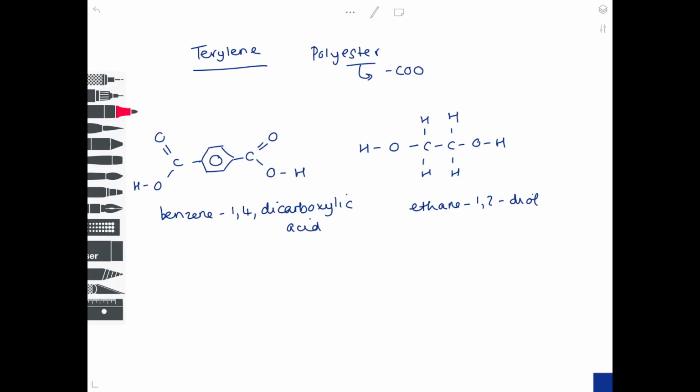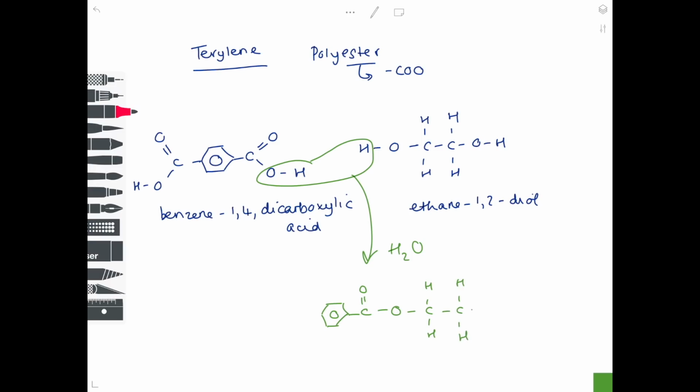Now we're losing water because it's a condensation reaction. So where could we possibly lose water from? Well, it's here. And then you just need to stick the two ends of the monomers together effectively. So it looks like this. Now I'm sticking it onto the alcohol, keeping this end the same.